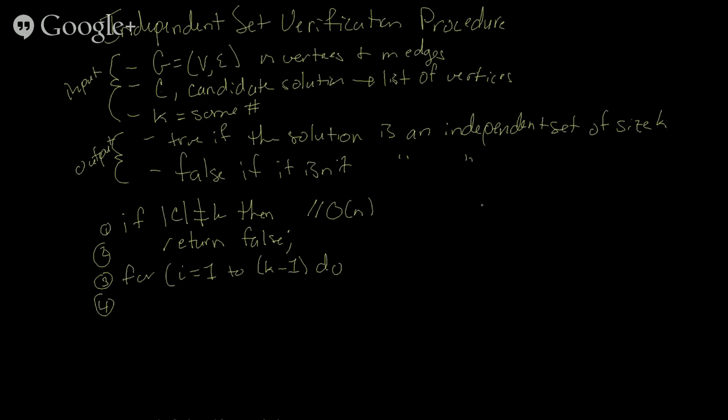So we're going to have basically G, I, J, what we put into the check if connected method. And so we need to know what I is, and we also need to know what j is. So for I equals 1 to k minus 1, and then for j equals, we'll say whatever I is plus 1.